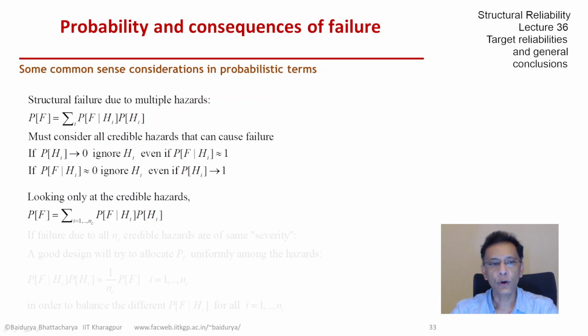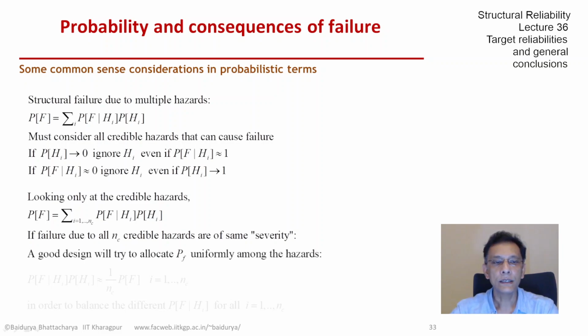Now, if we are talking about failure of the same kind, of the same severity, then a good design will try to allocate the failure probability uniformly across all the hazards, which basically means that the product of P of F given H and P of H should all be of the same order, so roughly 1 over NC times P of F, P of F being the total probability of failure.